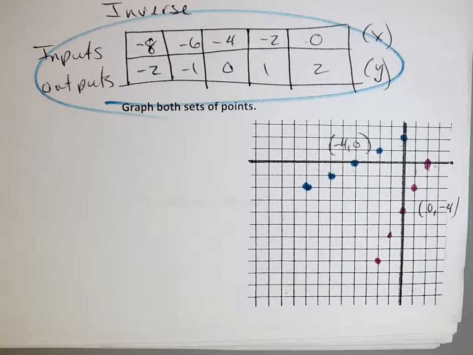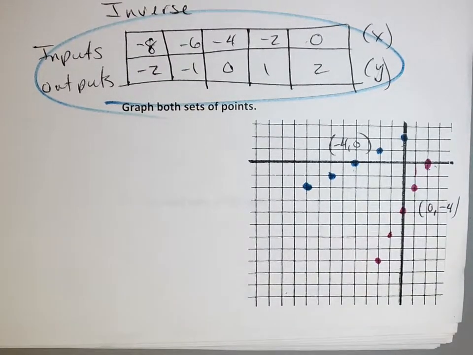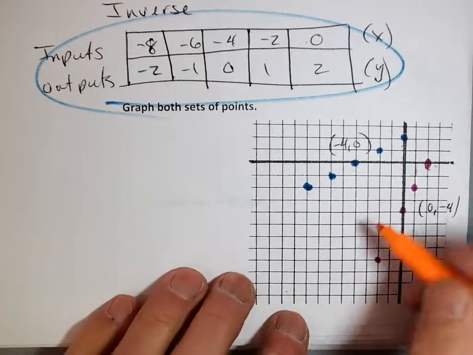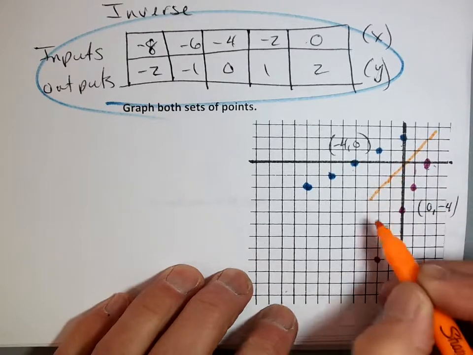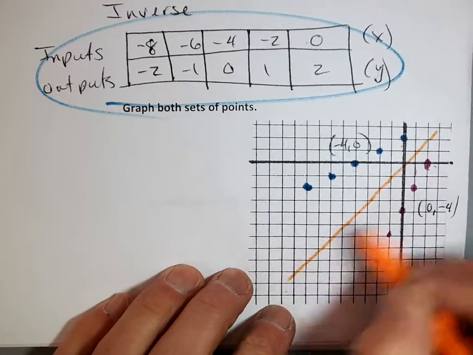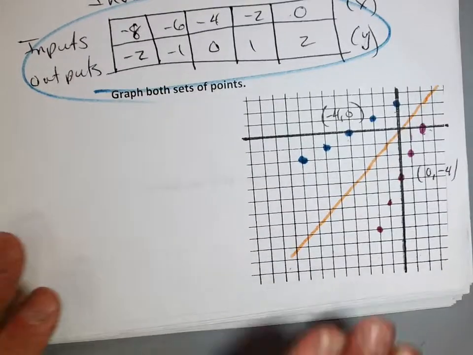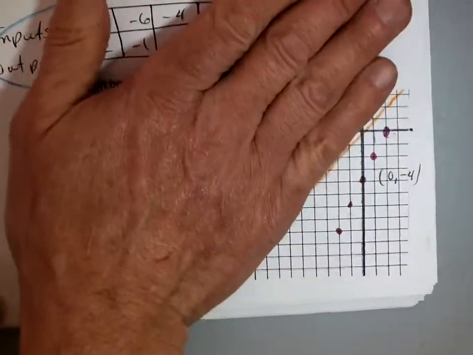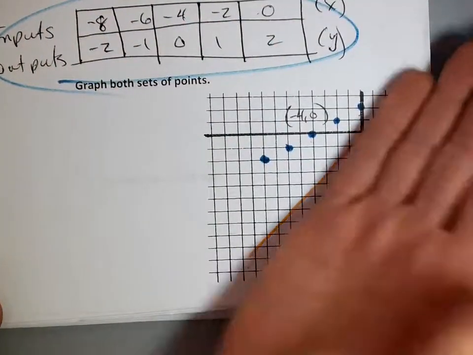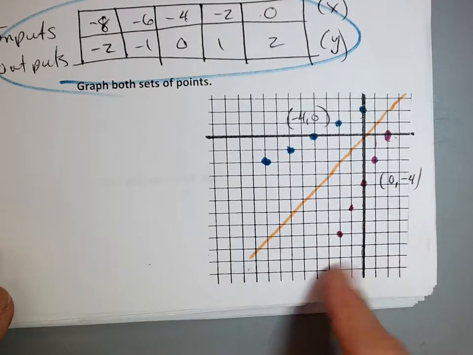Now another thing happens, and that is they are a reflection of each other over a very special line. I'm going to draw that out up here. So inverses are always going to be a reflection over this line right here. All right, let's see if that makes sense. Well, if I take, like, a barbecue skewer, and I fold it over this line, do you see I'd fold over? The blues would fold right onto the purples, or vice versa.